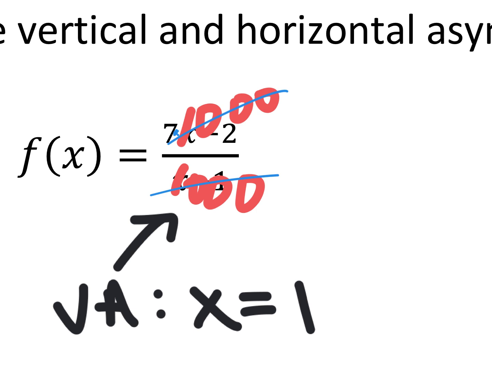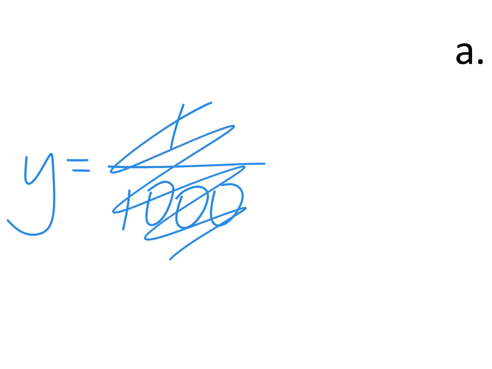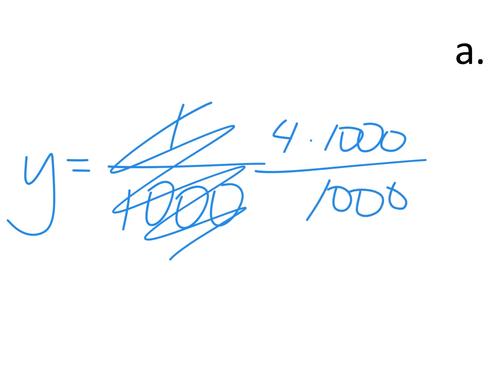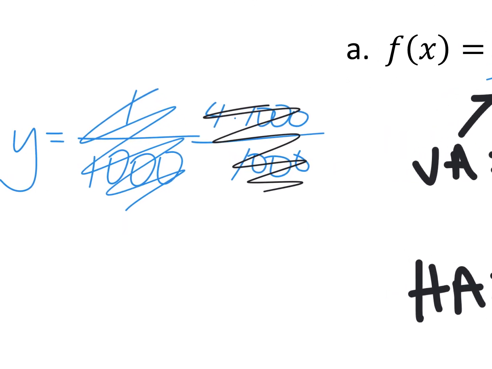Now, there's only 3 ways they can turn out. Basically, you either get 1 over 1,000, and what is that pretty much? 0. Or they can be like 4 times 1,000 over 1,000, and then the 1,000 just cancel, and then it would be 4. Or it could be that you have 1,000 left after everything canceled. And what does that mean?